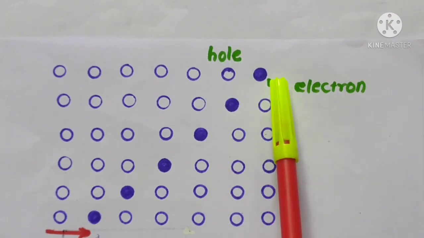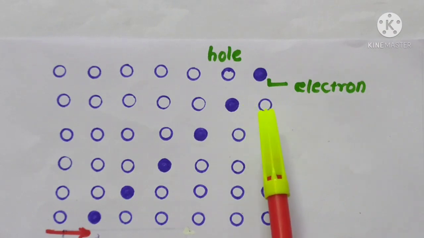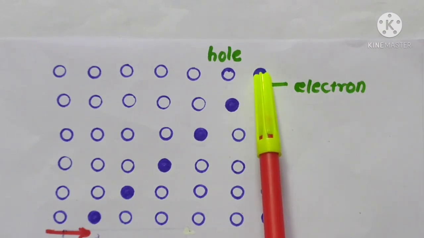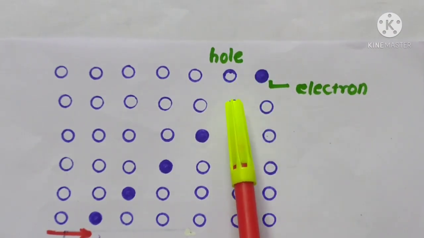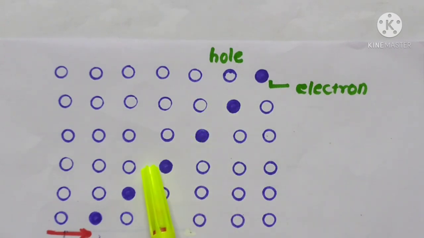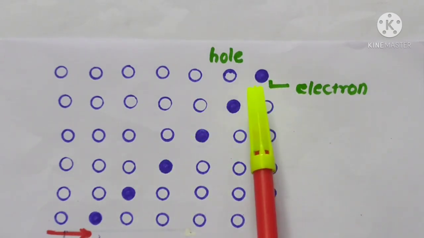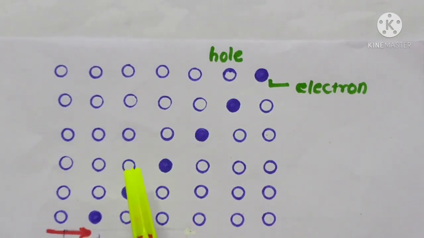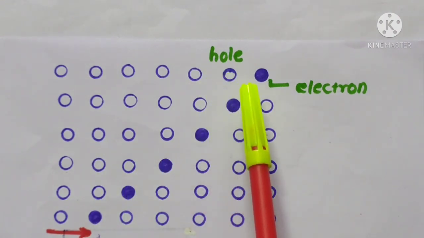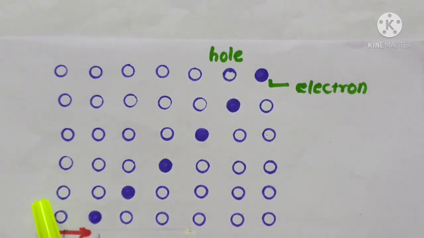As the electron moves from right to left, this is the movement of electron from this first place to this second place, then second place to third. In this way the electron moves step by step. In the same way these holes also move from the left side to the right side. Okay students, all these are holes.